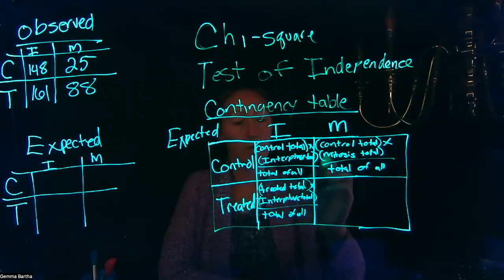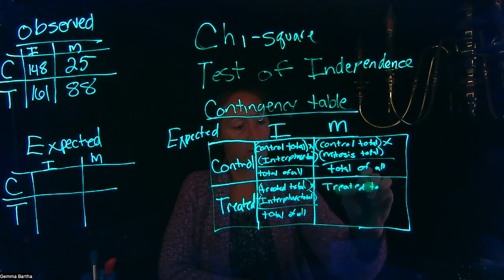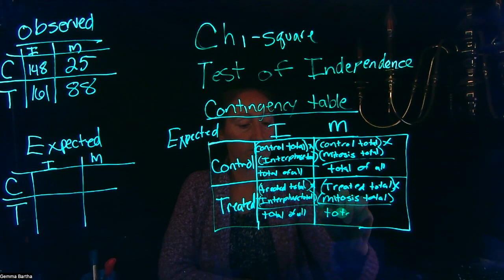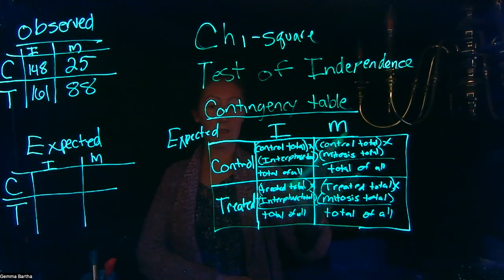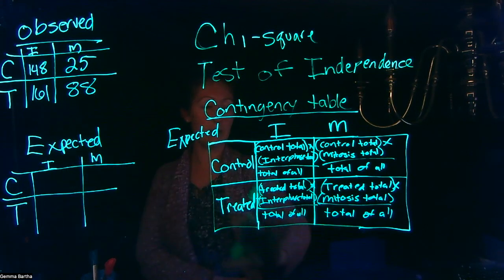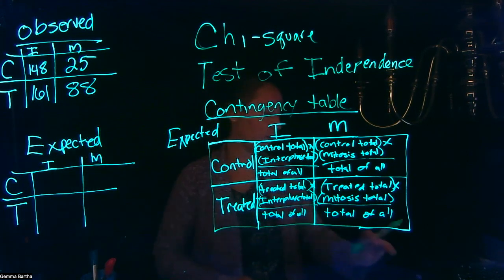Exactly, your treated total times mitosis total over total of all. So all of that formula is going to get your expected number.